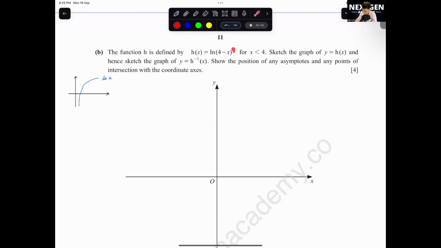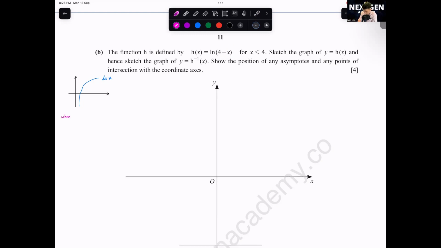Now you see, because the value here, there is negative x. Negative x means all your value of x is multiplied by negative. So what happens if it's multiplied by negative? It will reflect on the y-axis. So write this down now.